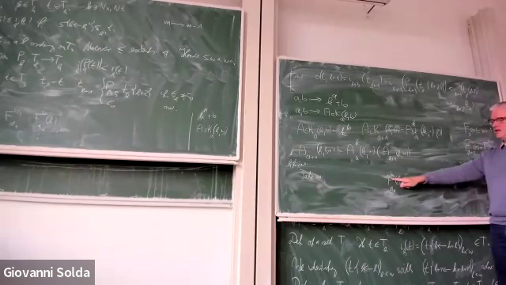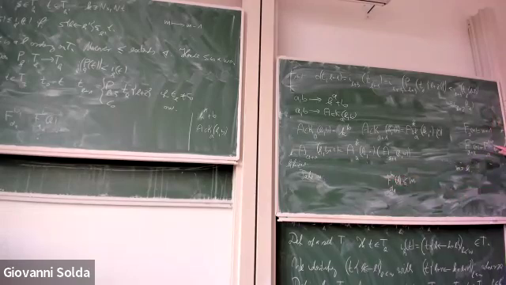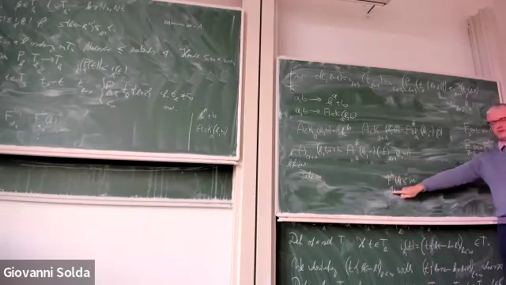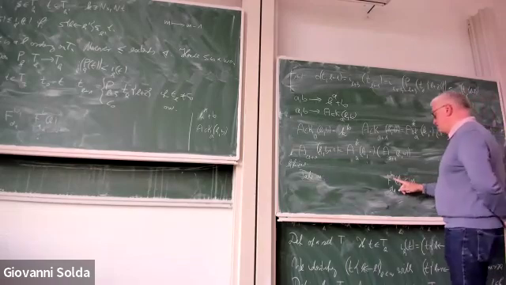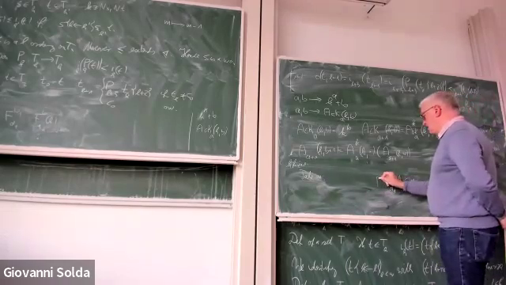So this b1 has to be bounded by k plus 1, because if b1 would be k plus 1, a1 would not be maximal.